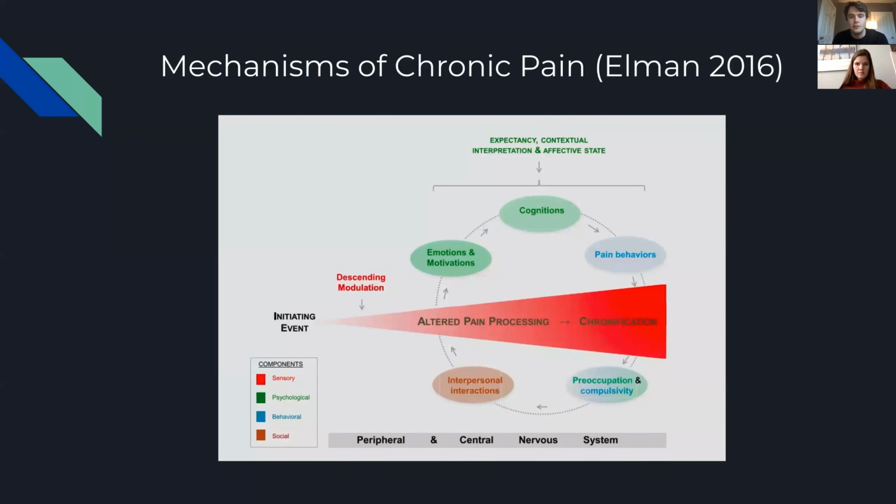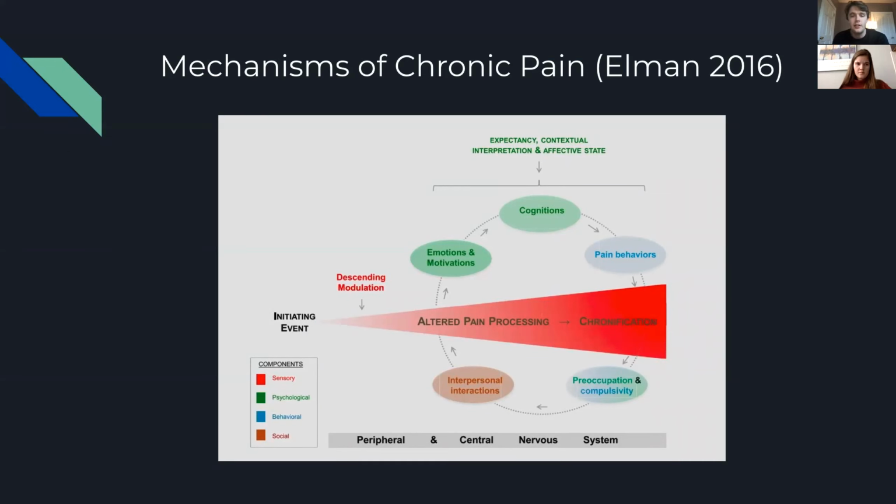Pain is a multidimensional framework. When considering a person's individual pain experience, it goes far beyond the physical sensation of pain experienced through nociception. A person's sensory experience of pain is altered through psychological, behavioral, and social components, resulting in different chronic presentations of different individuals' pain experiences.